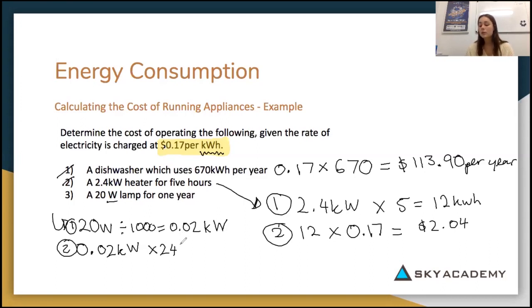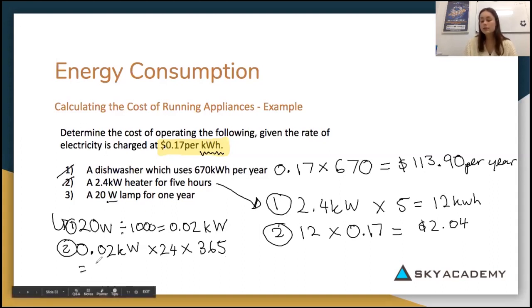So we're going to times it by 24 hours, then times it by 365 days, and that will give us how much electricity we use for 1 year: 175.2 kilowatt hours. Our final step for this question is to times the kilowatt hours by the cost, which is 0.17. When we do that, we get an answer of $29.78 for 1 year.